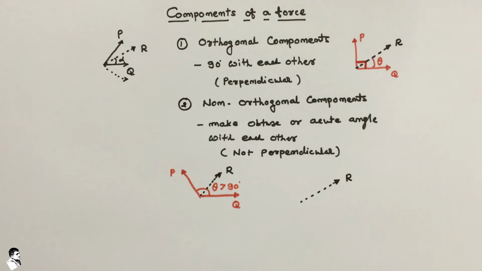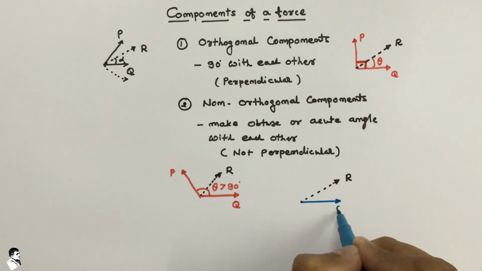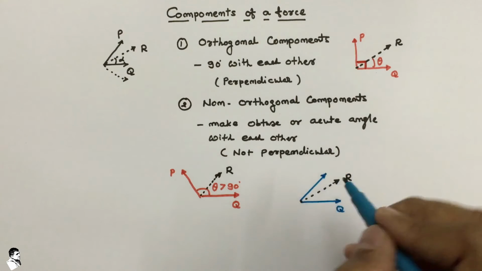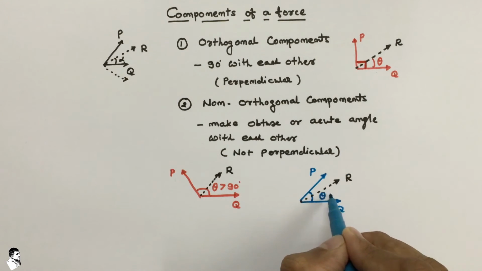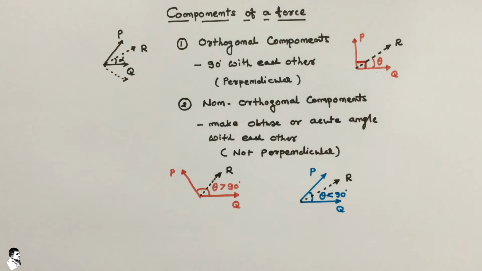And in the second case, with force Q and force P, the angle between the two is again a theta, but that theta would be less than 90 degree. So these are the two types of non-orthogonal components.